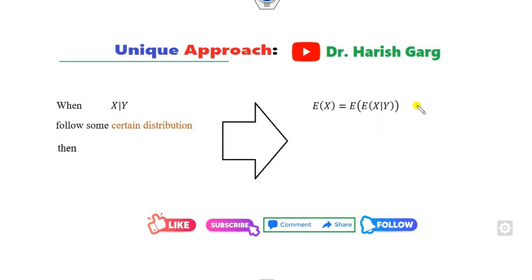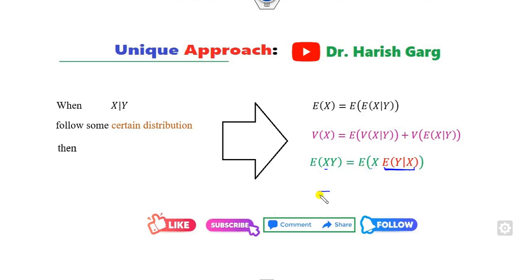The first very important property is the expected value of the first quantity is the expected value of this one. You can also find the variance: it is the expected value of the variance plus the variance of the expected value. And the last concept is the expected value of XY is the expected value of this, where I can replace Y here. Remember, it doesn't mean Y is equal to the expected value of this.